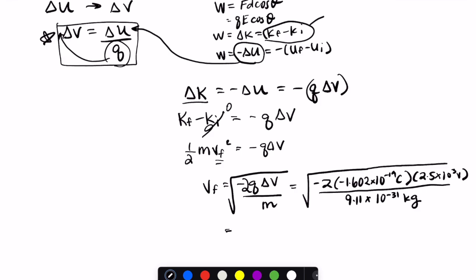So we plug this into the calculator, and my numerator comes out to be 8.01 times 10 to the minus 16.